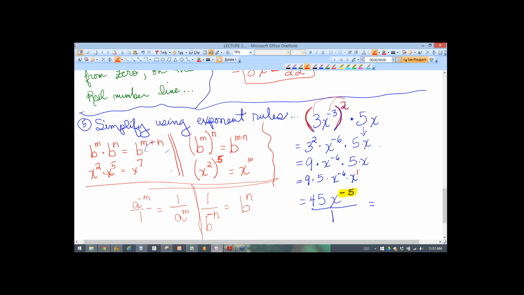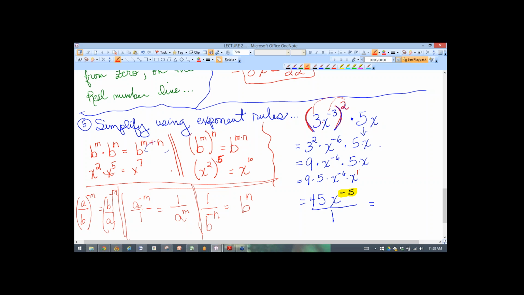Similarly, if I have a over b to the negative m power, this is telling me to reciprocate. Then this would be, in parentheses, b over a to the positive m.